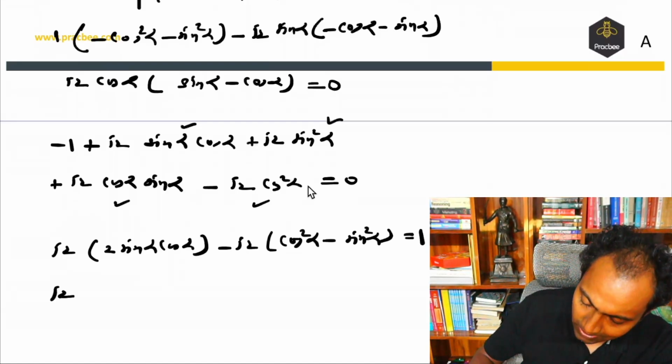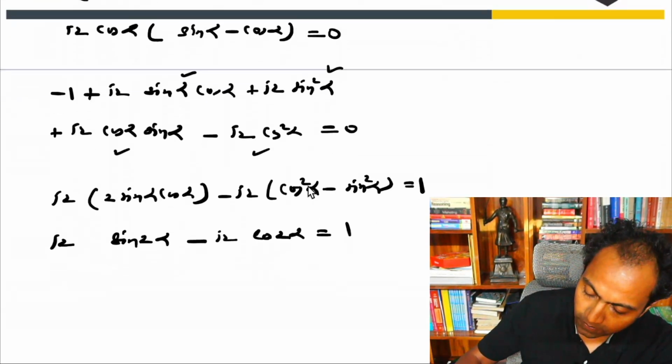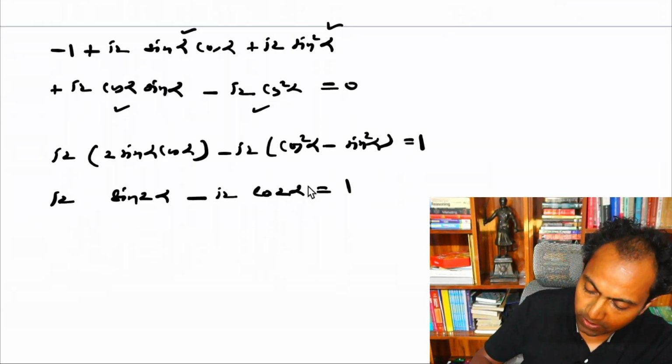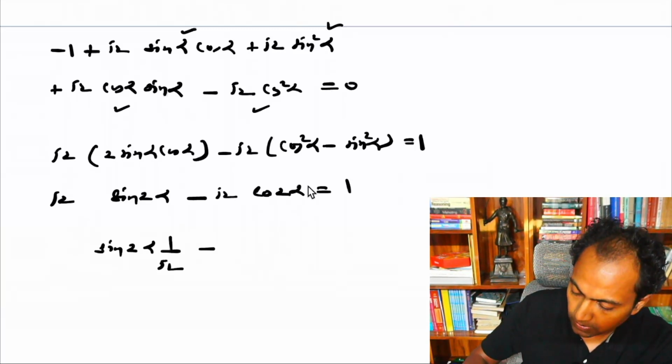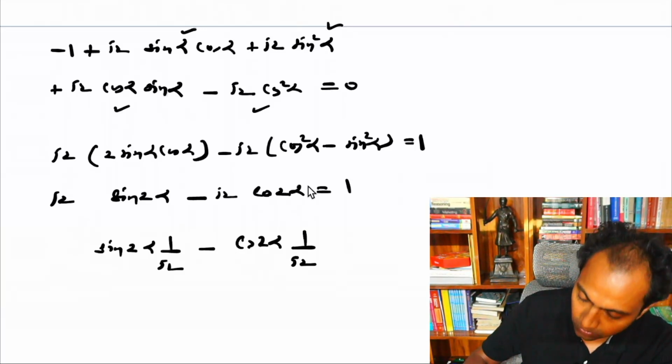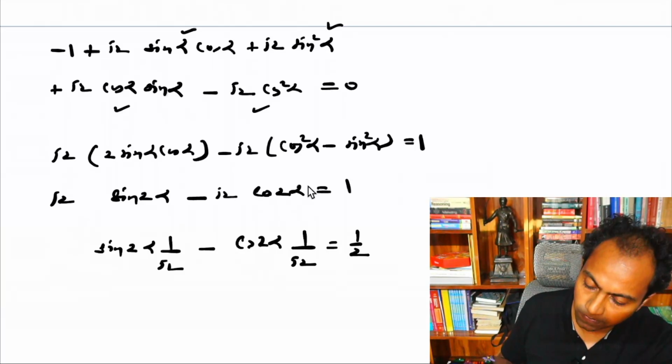Now this can essentially be written as sin 2 alpha, this is root 2, and this can be written as cos 2 alpha. This is equal to 1. You can see that if I divide by 2 on both sides, this will become sin 2 alpha into 1 by root 2 minus cos 2 alpha into 1 by root 2, equal to 1 by 2.